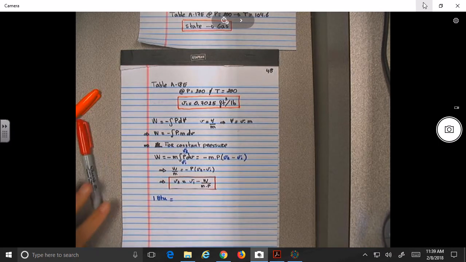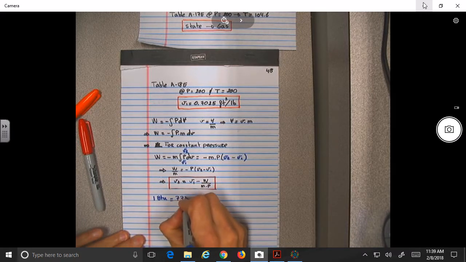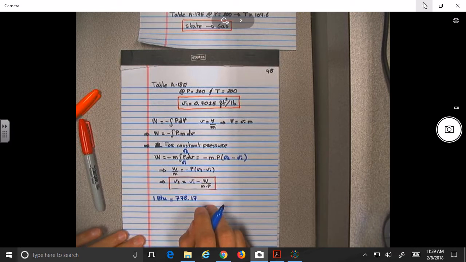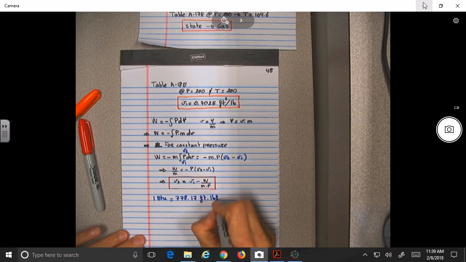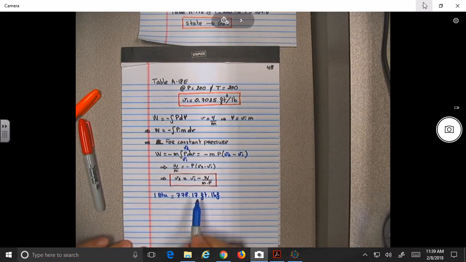So what is the transformation from BTUs to the English units? I think that's the one that's like 700 something, 778. Yeah, 778.17, and I think this should be foot pound force. Is that correct? All right, so foot pound force. So what does that mean?